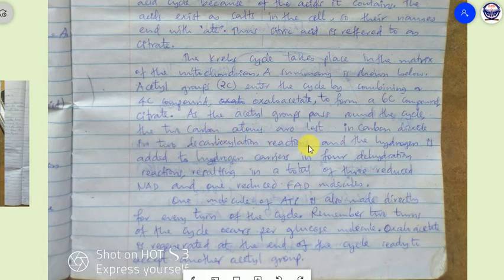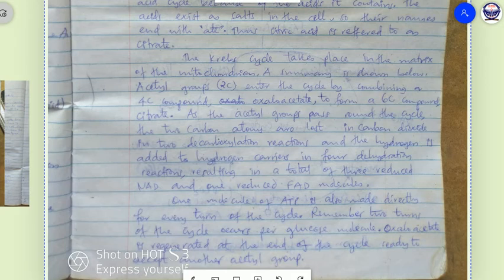The decarboxylation reaction is the reaction which involves the loss of carbon dioxide, and hydrogen is added to hydrogen carriers in 4 dehydrogenation reactions, resulting in a total of 3 reduced NAD and 1 reduced FAD molecule. 1 molecule of ATP is also made directly from every turn of the cycle. Remember, 2 turns of the cycle occur per glucose molecule, so oxaloacetate is regenerated at the end of the cycle, leading to accepting another acetyl group.